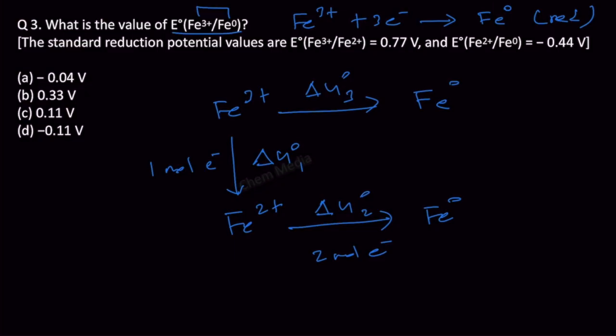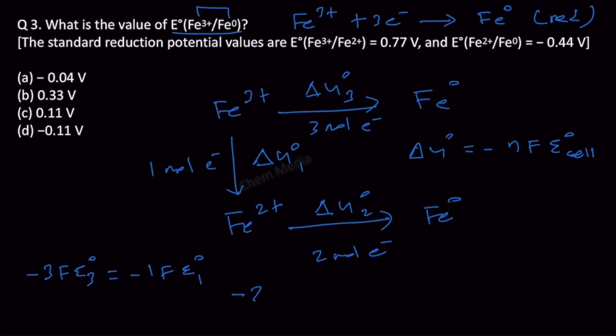So this means this is a sum of these two values, and we know that delta G standard is equal to minus n F E naught of the cell, where n is the number of moles of electrons, so this is 3 moles of electrons, and F is the Faraday constant, and E cell standard is the reduction potential. Therefore this will be minus 3 times Faraday constant E3 standard, which is equal to minus 1 times Faraday constant times E1 standard minus 2 times Faraday constant times E2 standard.